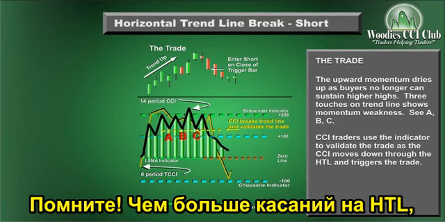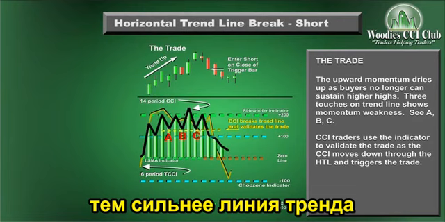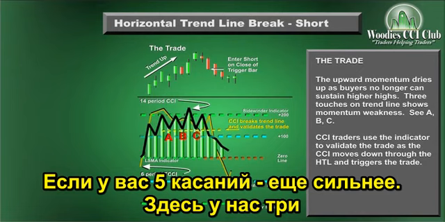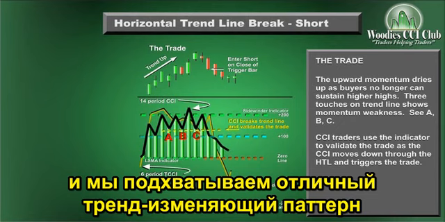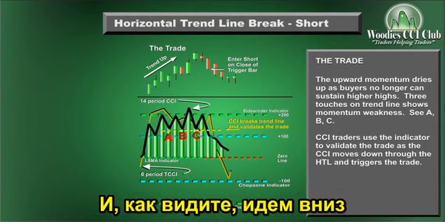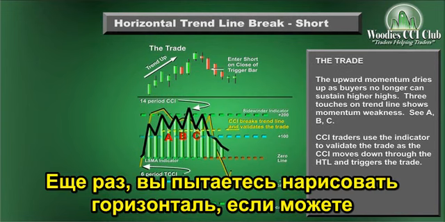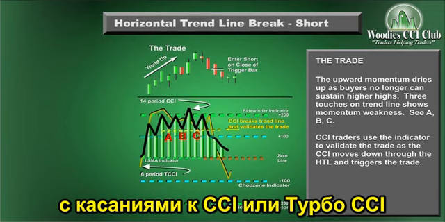Remember, on the horizontal trend line, the more touches you have, the stronger the trend line is. So if you had 5 here, even stronger. This one had 3, and it picked out a nice trend changing pattern, and as you can see, we went down. So again, you try to draw it as horizontal as you can with touches on the CCI or the turbo CCI.